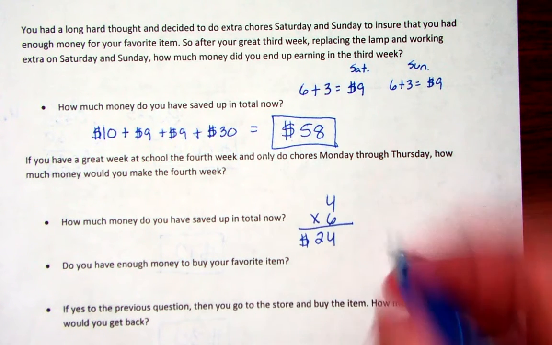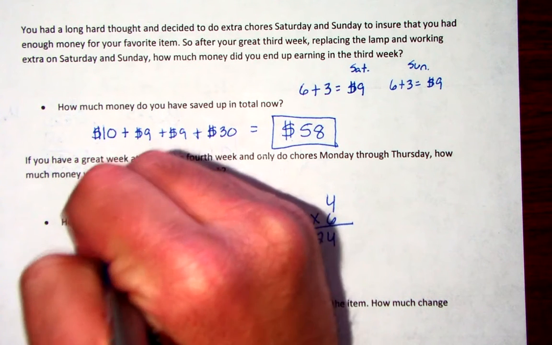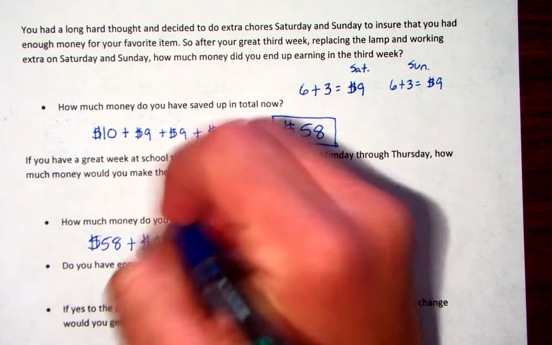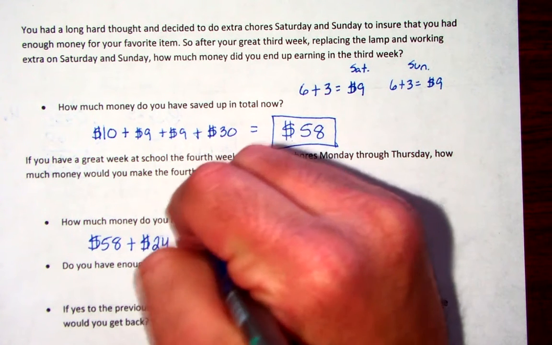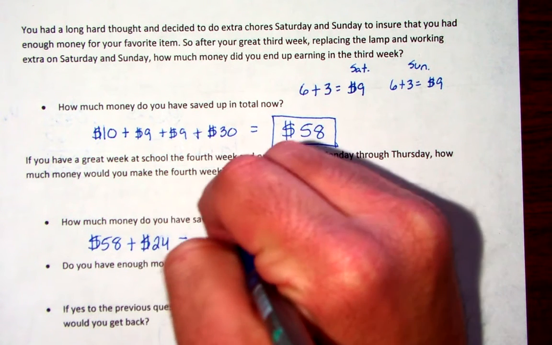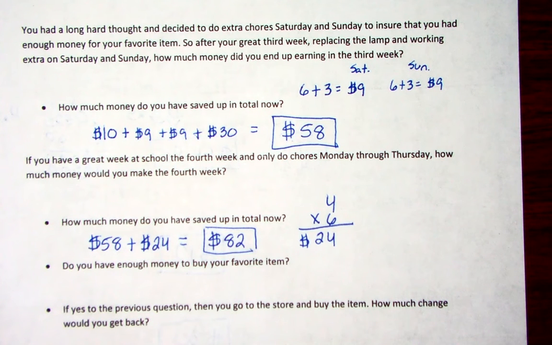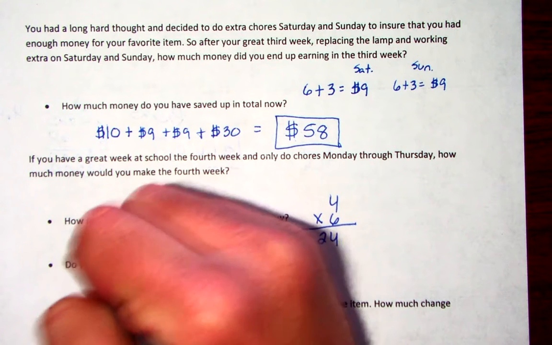Well, you take the $58 and you add the $24 to it. When you add those two up, you should get $82. Do you have enough money now to buy your favorite item? Well, yes, you do.